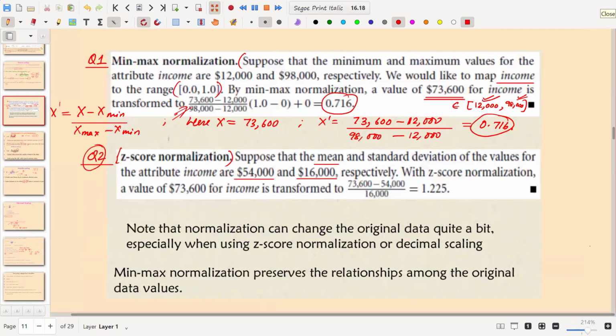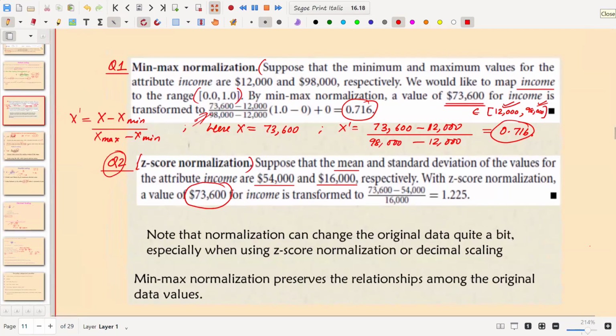Then with Z score normalization, what will the value 73,600 be transformed to, given this mean and this standard deviation?